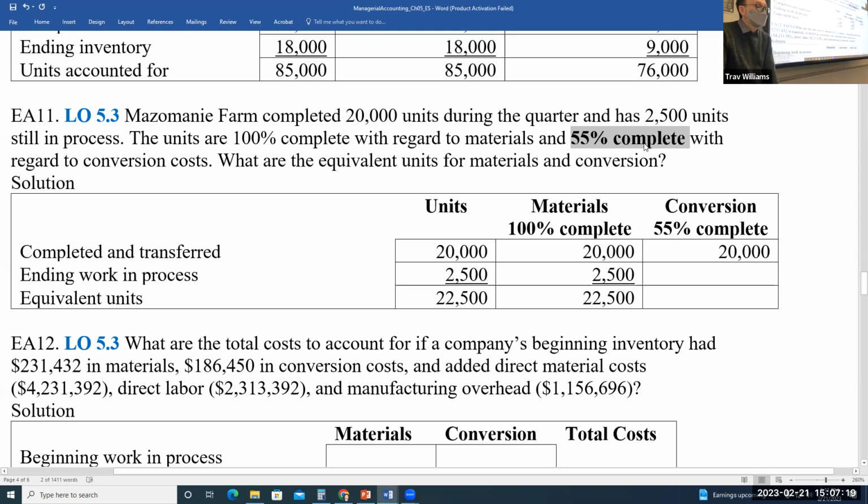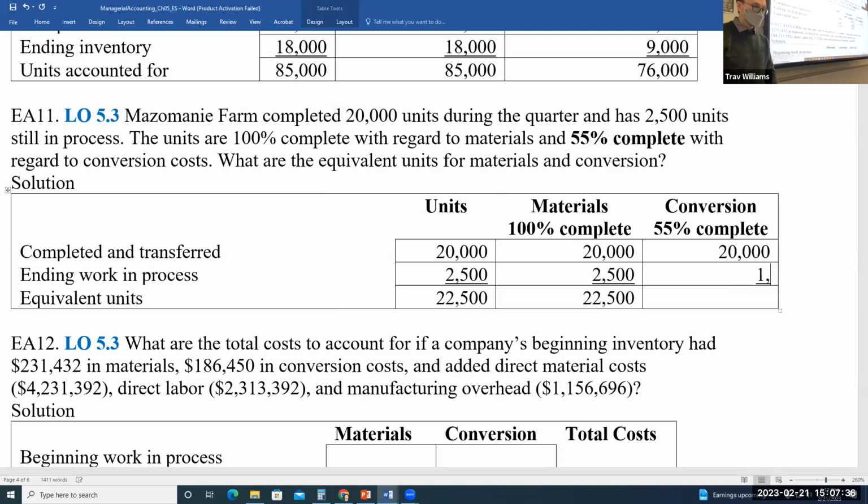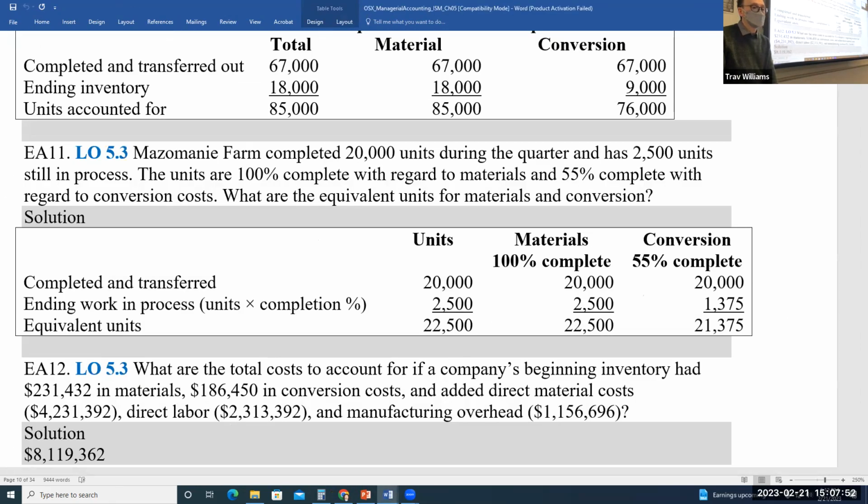So what is our equivalent units for conversion and ending work in process inventory? Okay, 1,375. Thank you, Elvie. So again, take the units in process times the percentage of completion. So we can add these together over here. We get 21,375. Check that one, looks good.